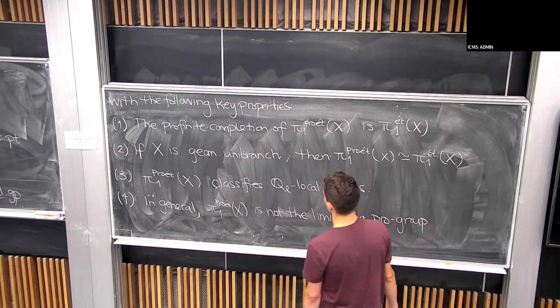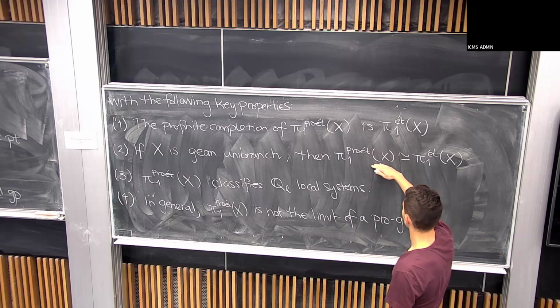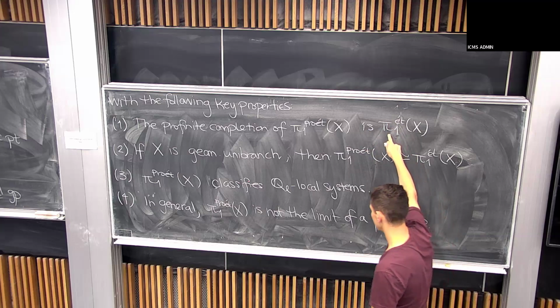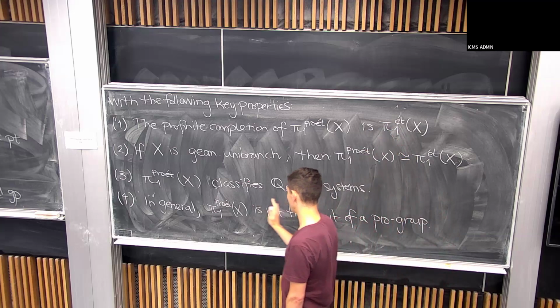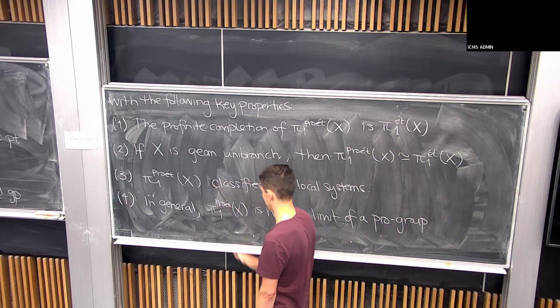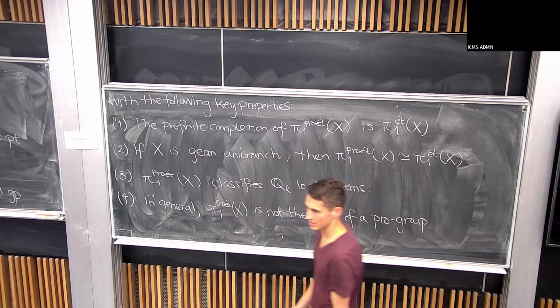So this said that in some nice situations, it's a profinite group, or at least its profinite completion recovers this. But in general, if your scheme is not so nice, then you can't even write it as some inverse limit of groups with a discrete topology, even if you allow for infinite groups.